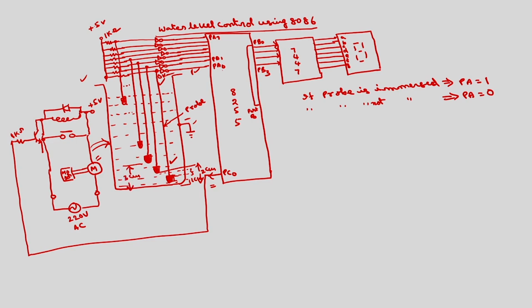Okay. So, like that I can display the values of 1 centimeter, 2 centimeters on this 7 segment display. In addition, I am going to control the on and off of this particular motor also. Say I want to maintain the level between 2 centimeters to 6 centimeters.